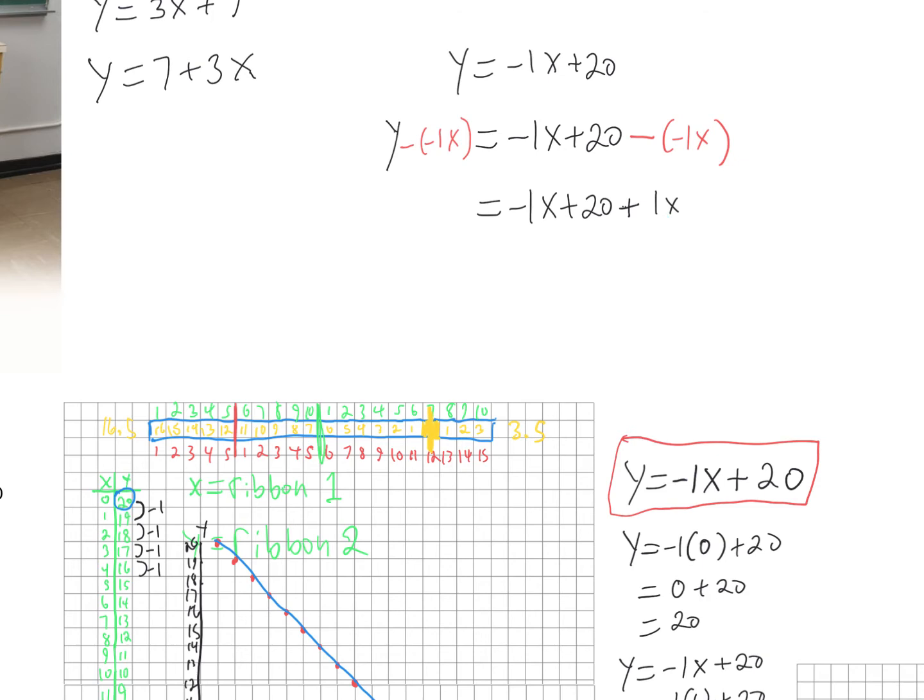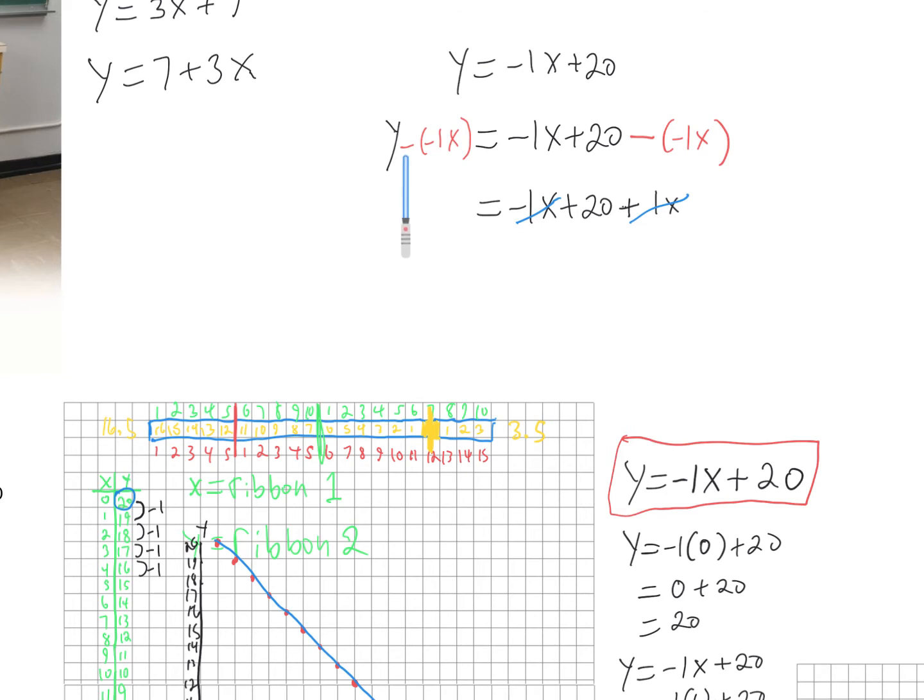So what happens in this situation is that by adding positive 1x to the negative 1x, these two reduce to 0, leaving just 20 by itself. And I can rewrite what I have on this side of my equation the same way.